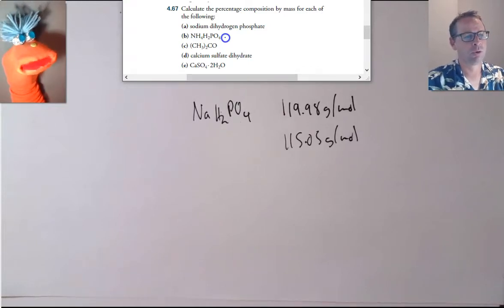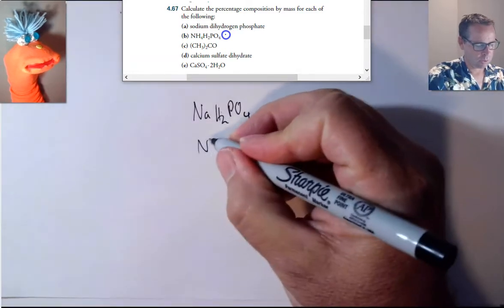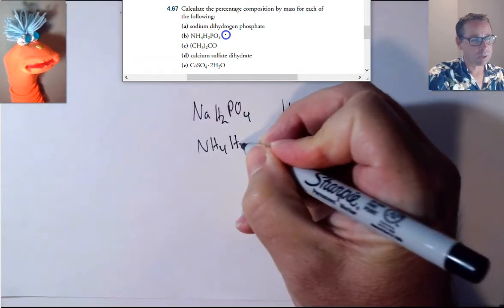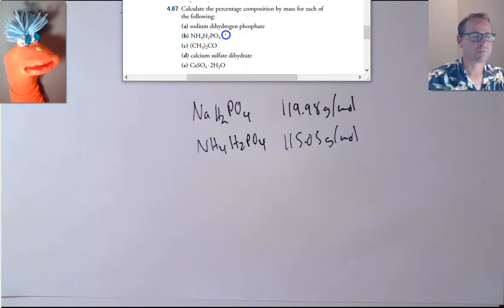Very good. Hydrogen, 6 hydrogens, so 6 divided by that times 100. Phosphorus, 31 divided by that times 100, and then oxygen again, 32 divided by that times 100. Very good. So this is the molar mass for ammonium dihydrogen phosphate.